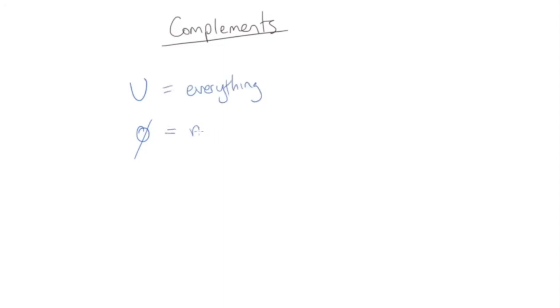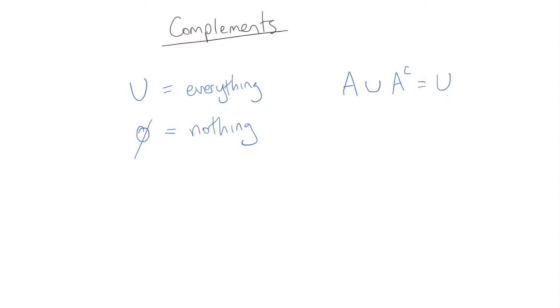So let's look in a little more detail at the notion of complements. So in set theory, we have the notions of universe and the empty set, right? So the universe is the set of everything, and the empty set is the set of nothing. We also know that A, whatever A is, it doesn't matter what A is, A union the complement of A, we get the universe.